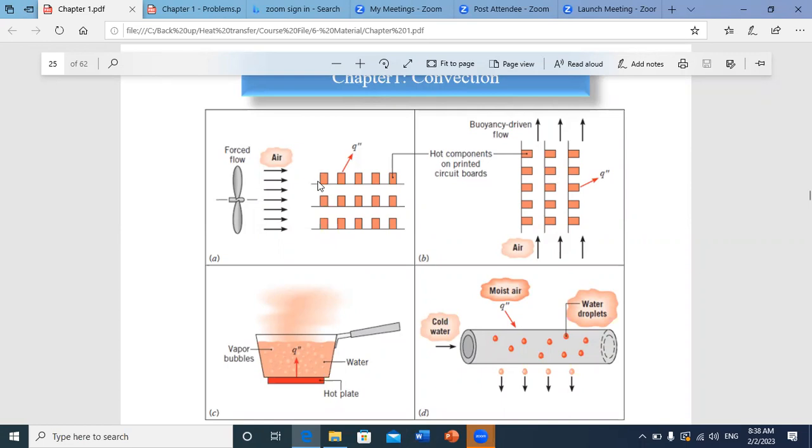So this is an example of forced convection. This is an example of natural convection. If you also want an example of motion by density difference, you can take the example that we discussed before.